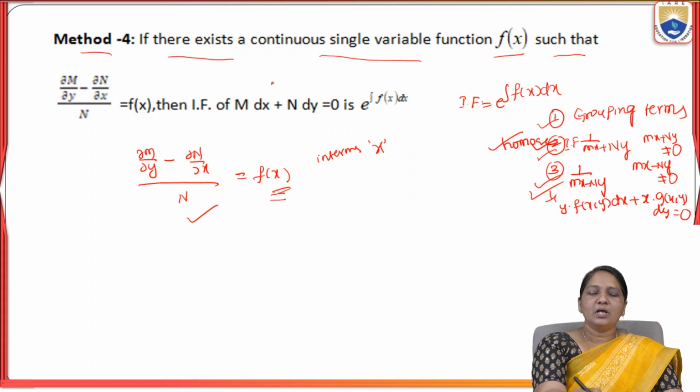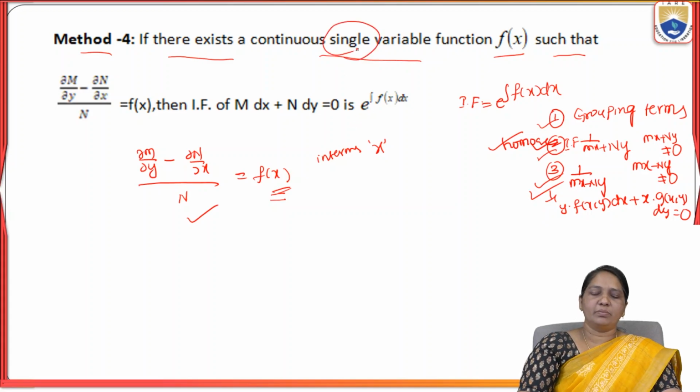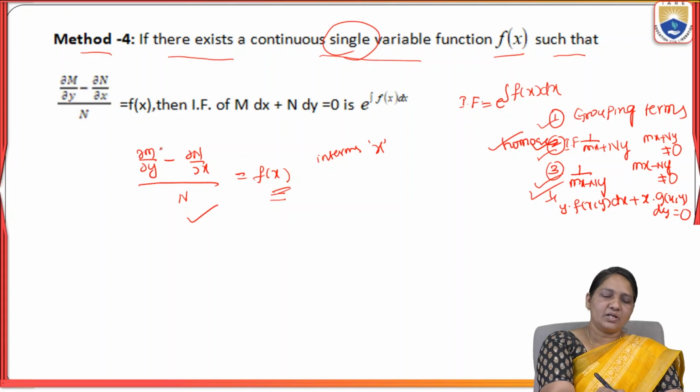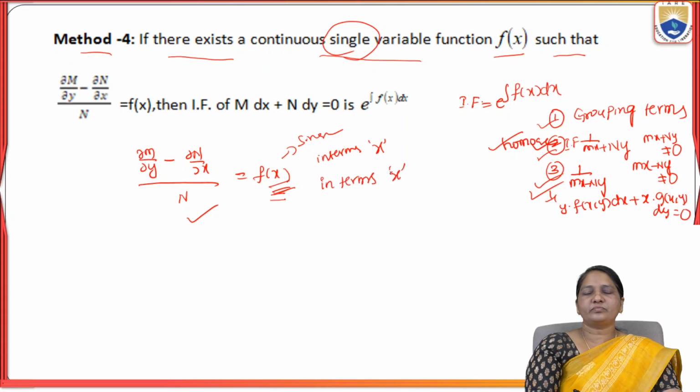There exists a continuous single variable function f(x). That means we should have a single variable. How can we say that? (∂M/∂y minus ∂N/∂x) by N should be equal to f(x), a function in terms of x only. Then only can we apply this method 4.